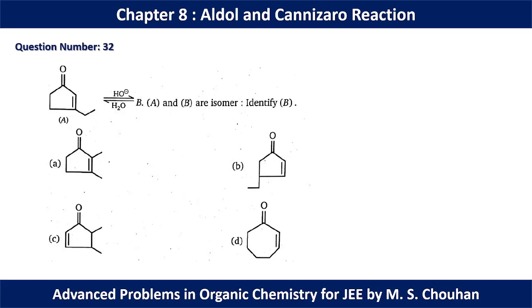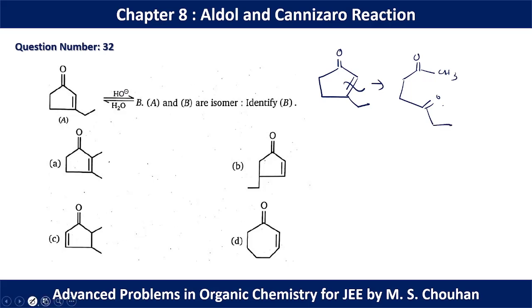In question number 32, we have to perform first the retroaldol reaction. So if we start with this molecule, and after dissociation of this alpha beta position, we can have this retro product, C double bond O CH2 CH3.